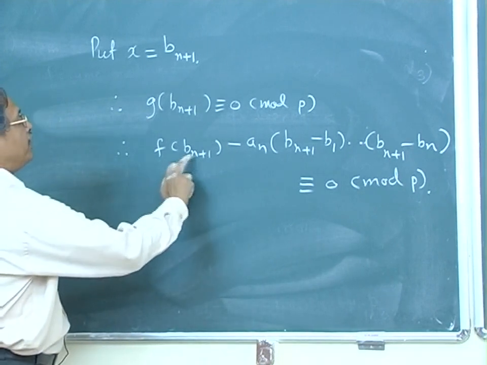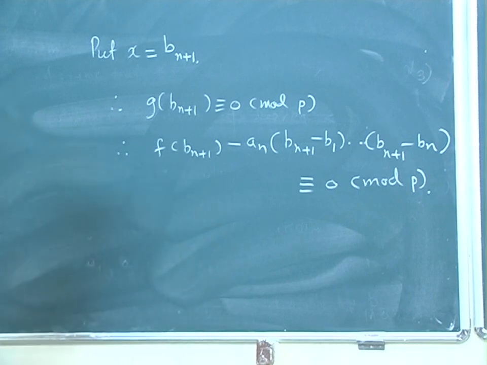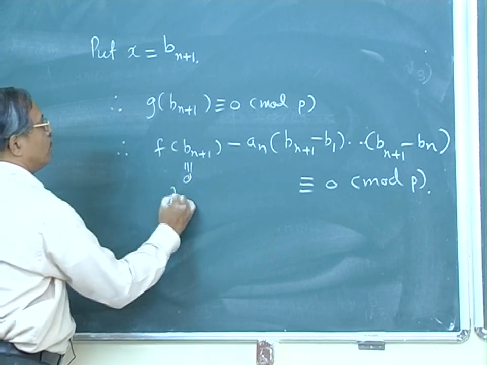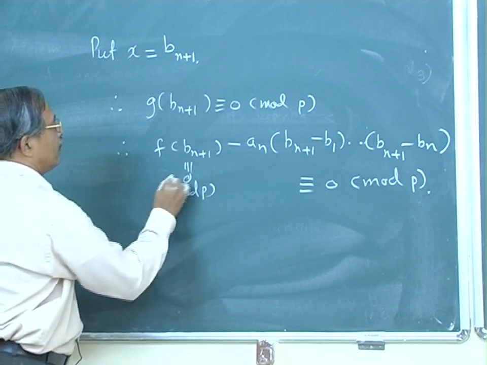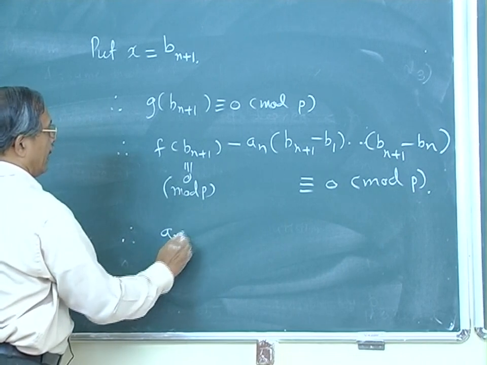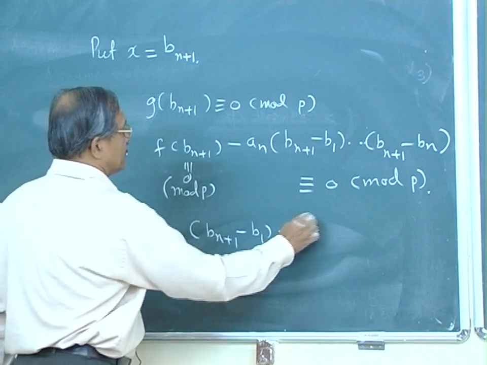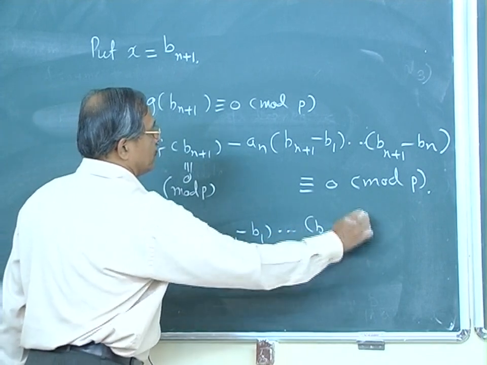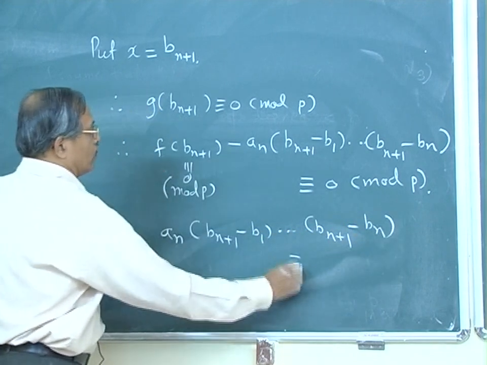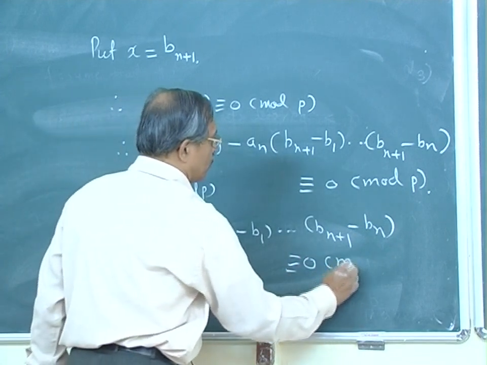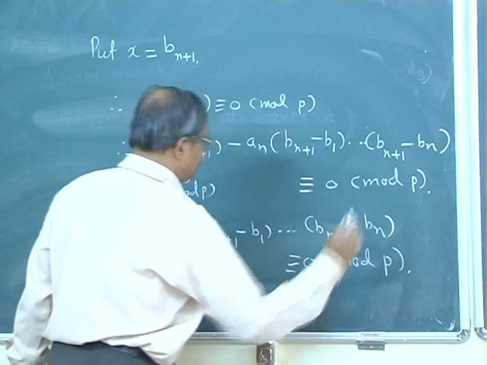Now what is f of b(n+1)? b(n+1) was a solution of f(x) congruent to 0 mod p. So this is 0 mod p, and therefore an into (b(n+1) minus b1), etc., (b(n+1) minus bn) is congruent to 0 mod p.